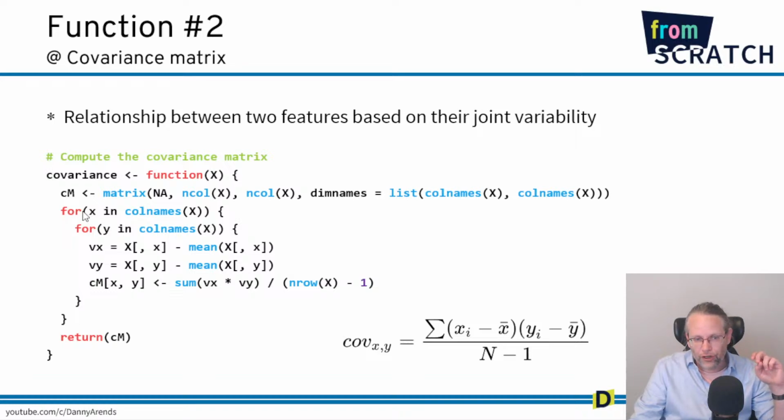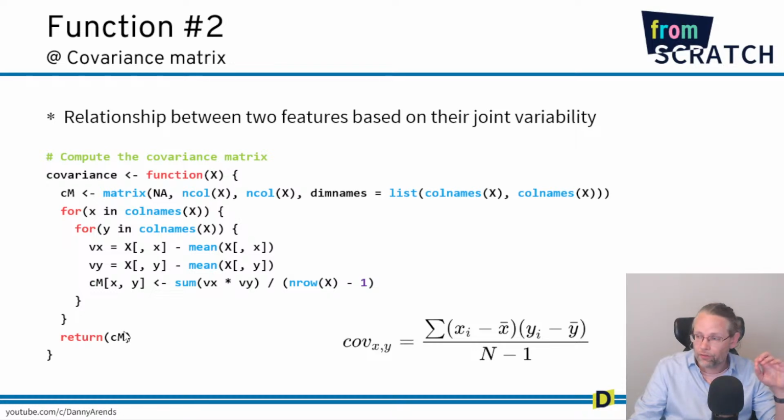So we're going to do this for all of the columns. I'm going to compare column 1 to column 1, column 1 to column 2, column 1 to 3, and so on. So I'm going to iterate through all 16 possible combinations. I'm going to compute the covariance, and then I'm just going to return the covariance matrix once I'm done.